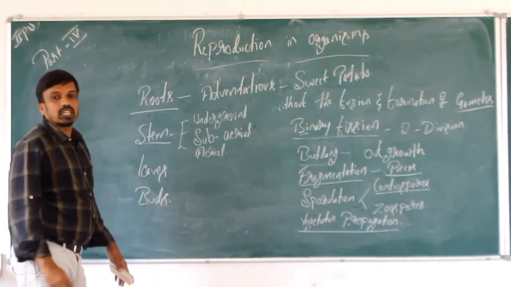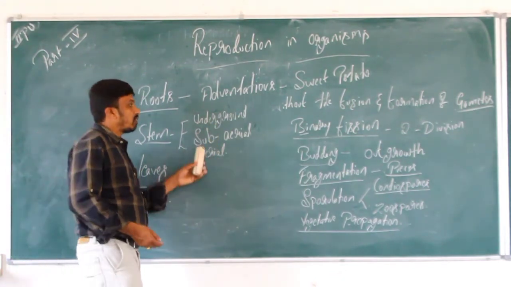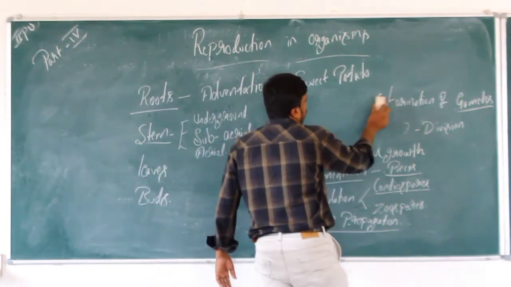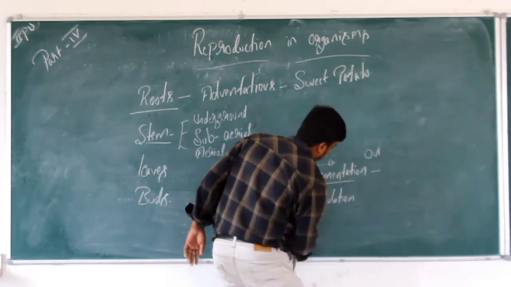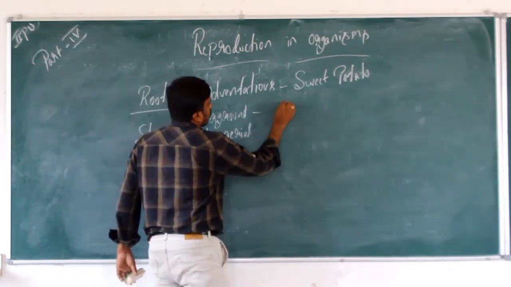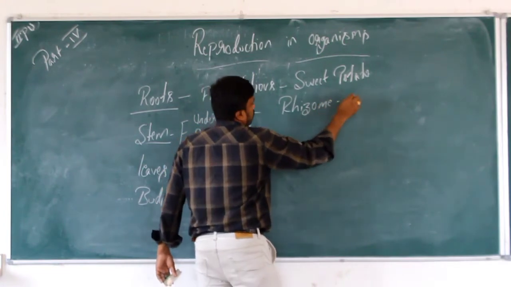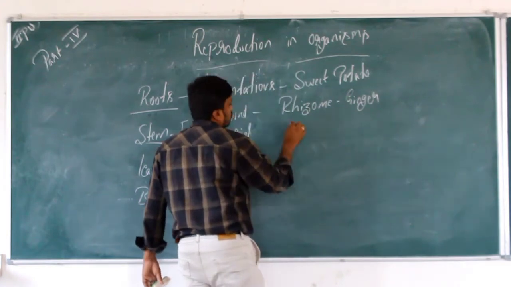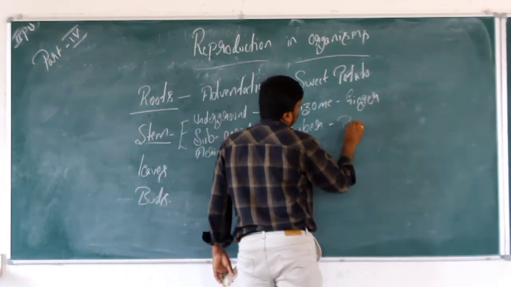In the first PUC morphology classes last year, we discussed all of these: underground stem modification, aerial stem modification and subaerial stem modification. Underground stem modification: rhizome, example ginger. Next, tuber, example potato.